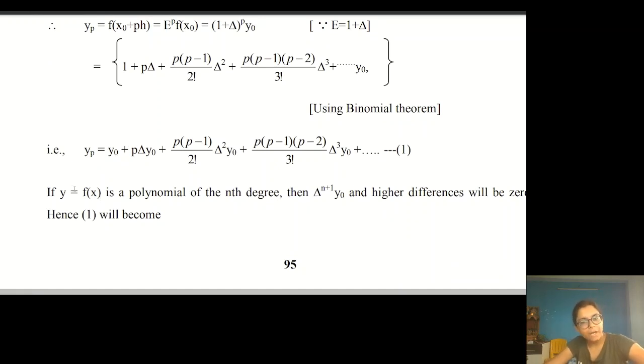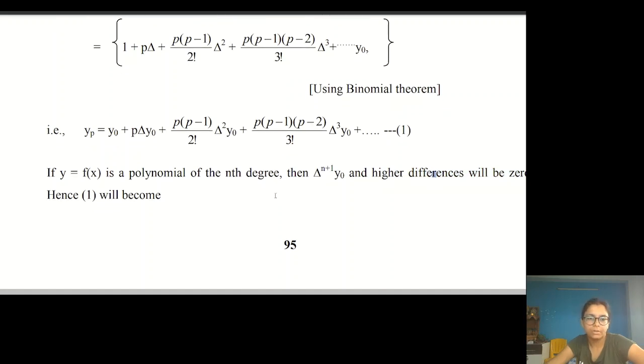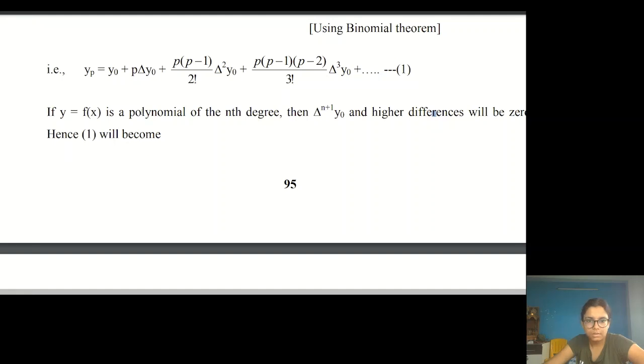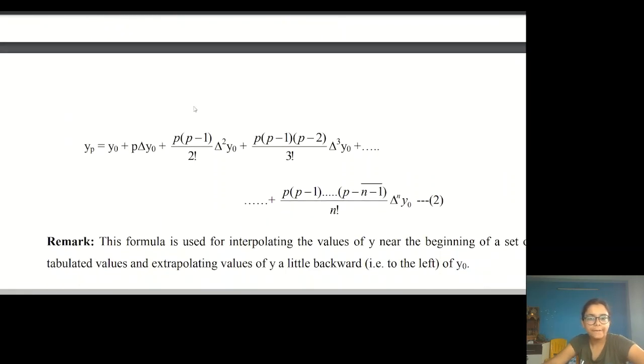Now if y is equal to f(x), a polynomial of nth degree, then all the differences of order n plus 1 and higher will be 0. Hence the whole equation will become like this equation.